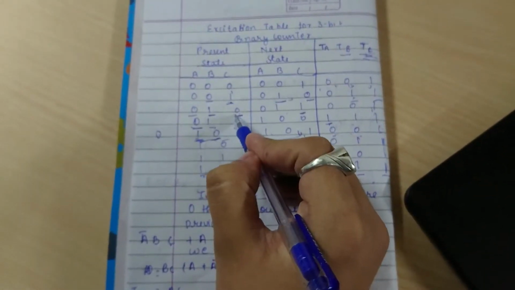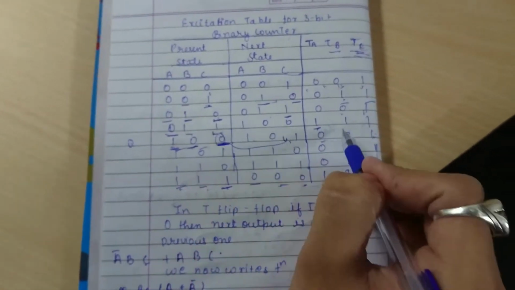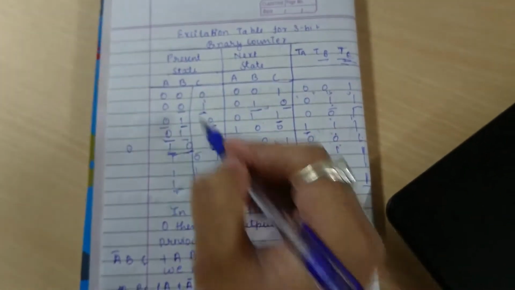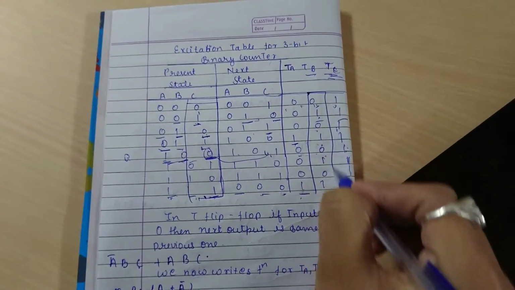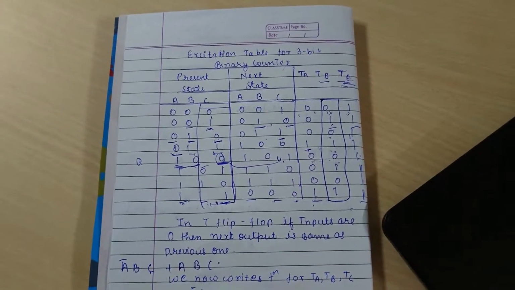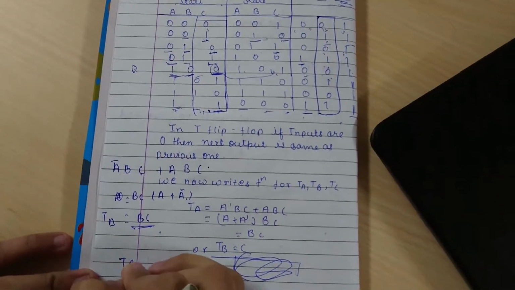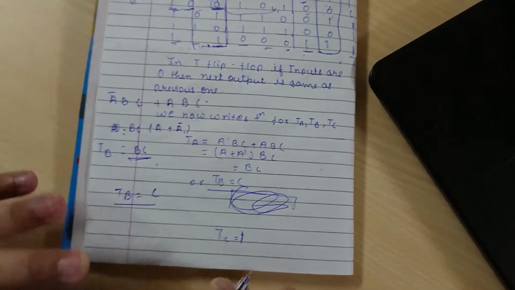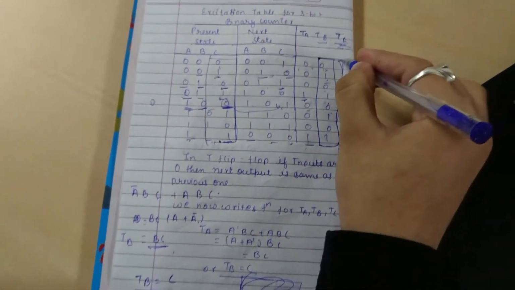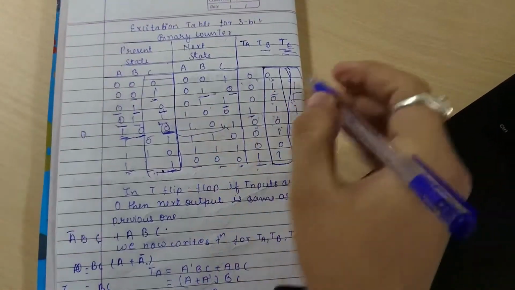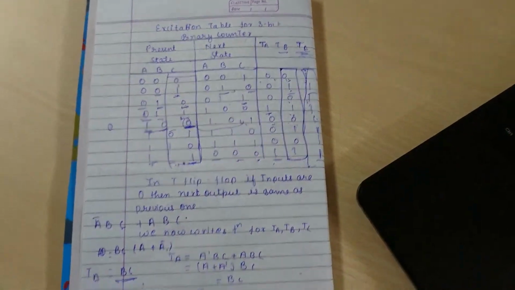When C is 0 again, TB is 0. You can continuously see that these two lines are the same. So we can write TB equal to C. Now you can see that TC never depends on any kind of output. It always remains 1.